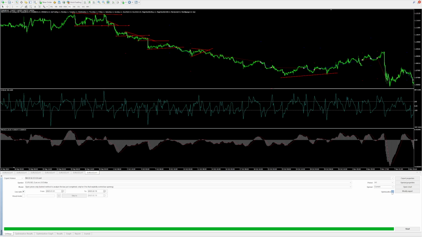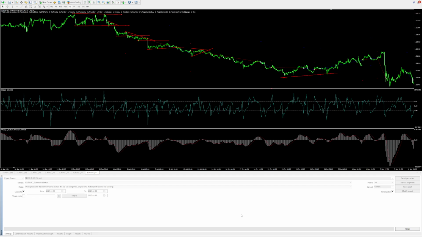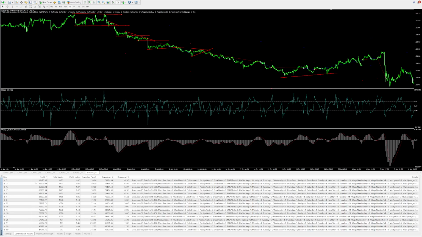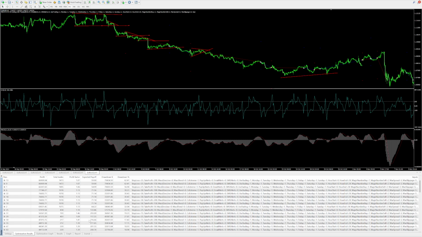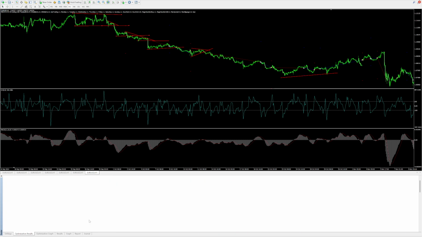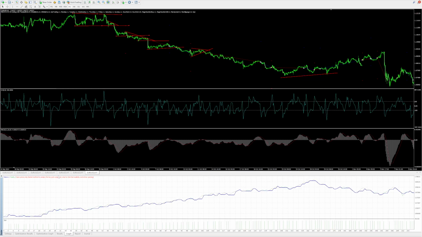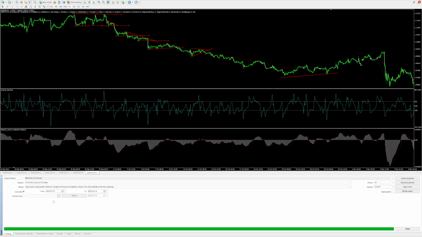Now, one might argue, well, let's just optimize for more data. Let's go further back. The thing is, you can go back 5 years, 10 years, 20 years. Doesn't matter how far you go back, you're still going to run into the same problem of over-optimization. Okay, throwing enough mud at the wall and hoping some of it sticks. So you will probably find good data sets, a good combination of settings for particular historical data.